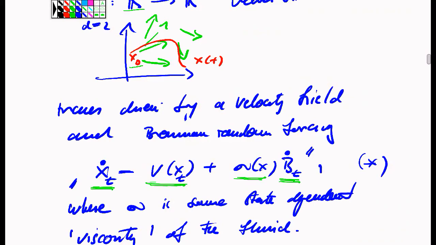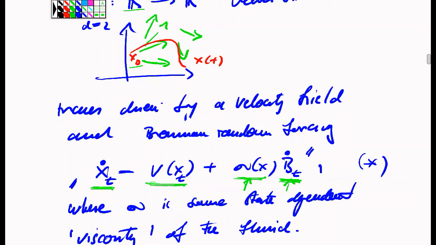So sigma is a prefactor, and you could say it is some sort of susceptibility of the tracer to the pushes received from the surrounding molecules, and this sensitivity might depend on the position where the tracer is located.